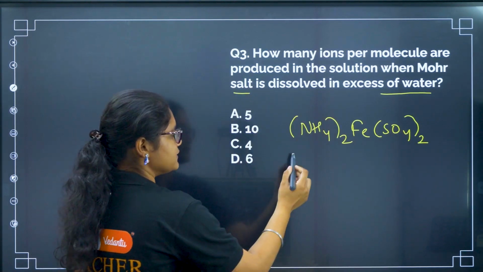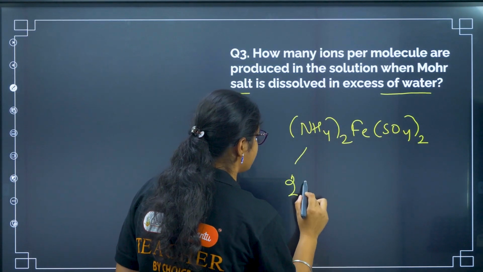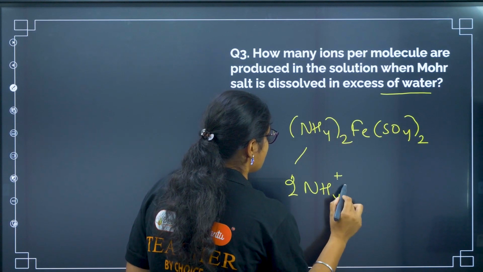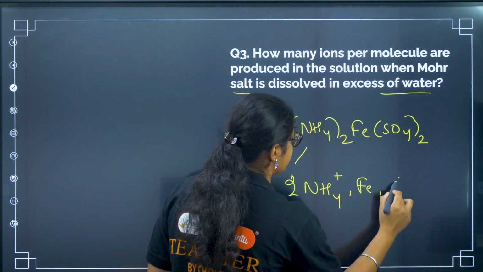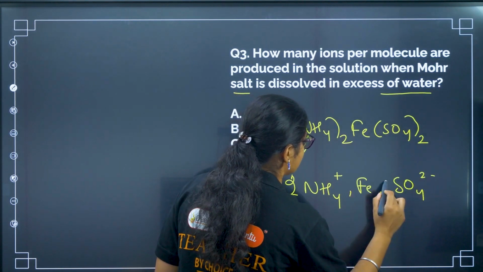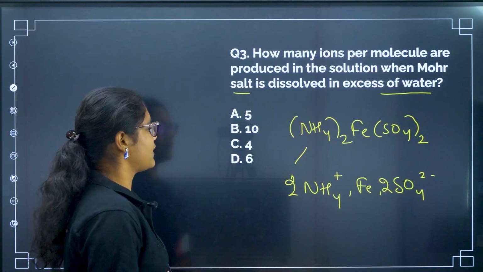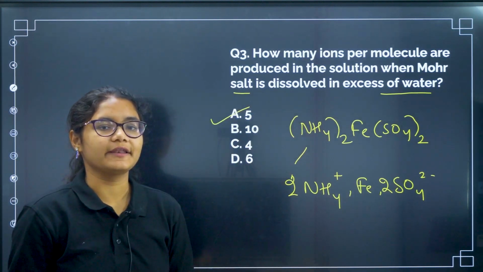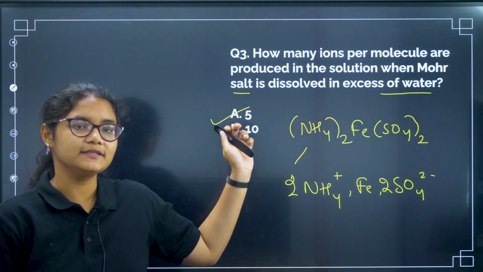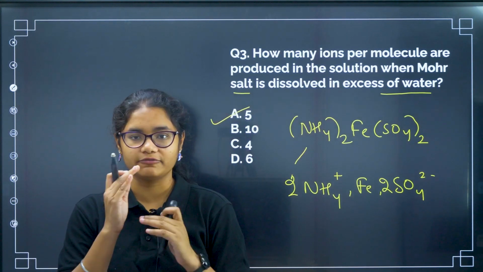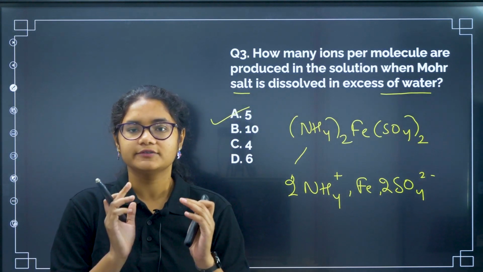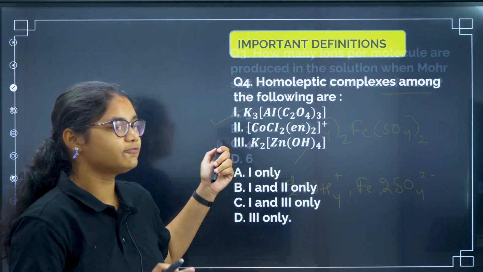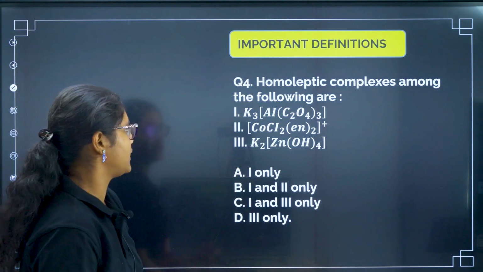The total number of ions we will get is 2 NH4 plus, 1 Fe, and 2 SO4 2 minus. So the total number of ions produced here is 5, and the correct answer is option A. You can see so many questions are asked only from primary and secondary valency, so you should know this concept of ionization and non-ionization.